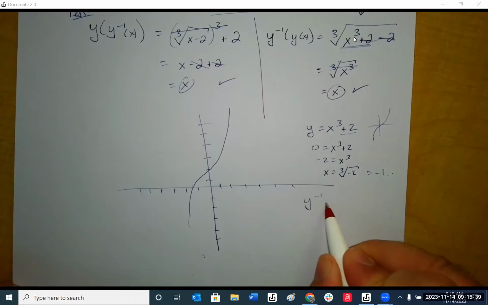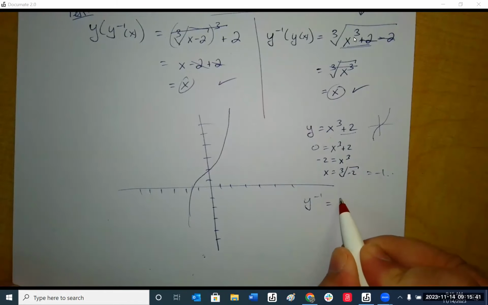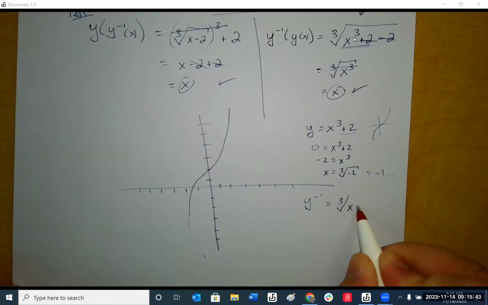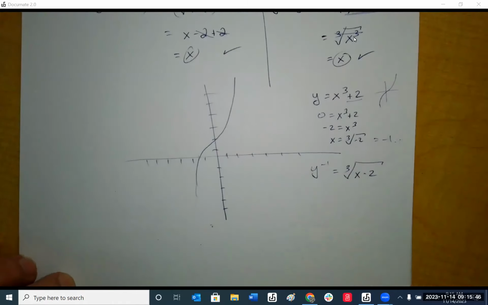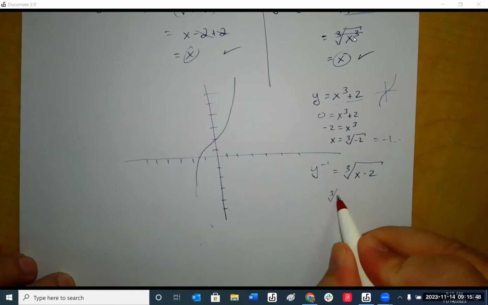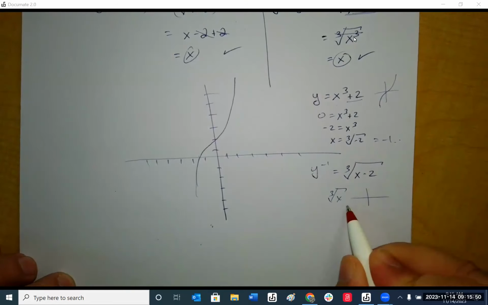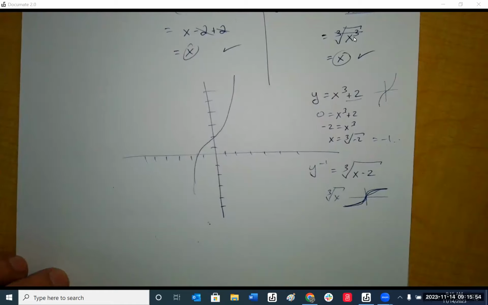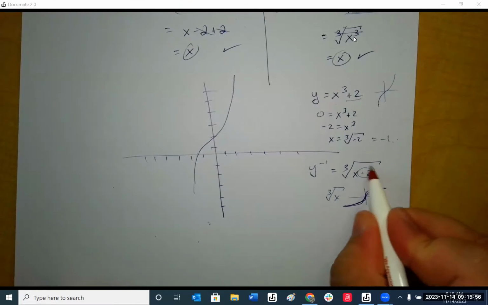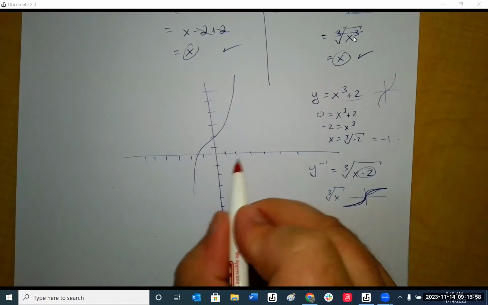The inverse of this function is cube root of x minus 2. The cube root of x, the graph looks like this. It has a horizontal shift of 2 to the right.